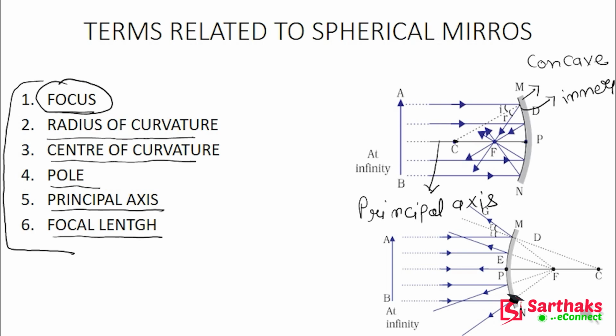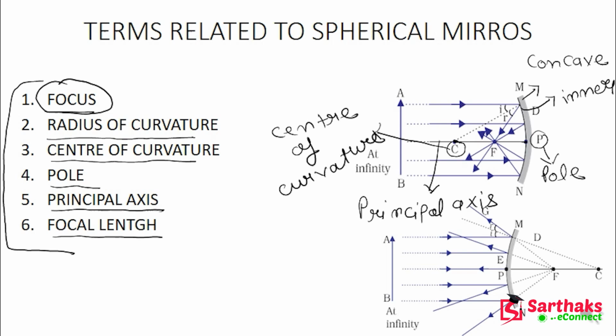Now you can ask me, what is the meaning of this point C and this point P? This point P stands for pole, and C refers to center of curvature.